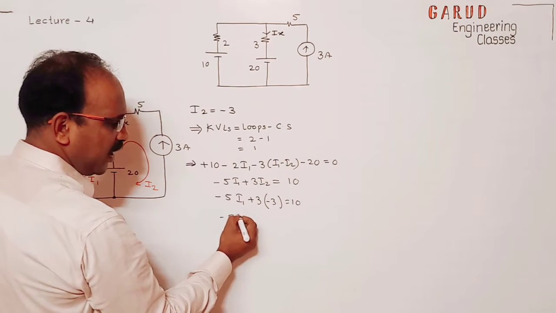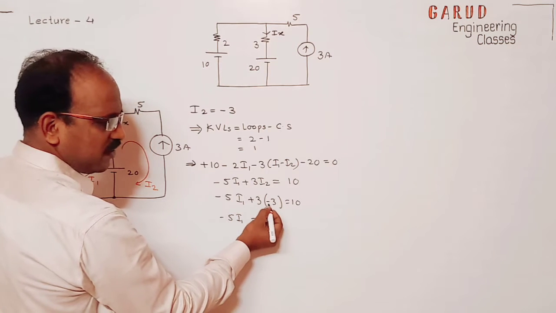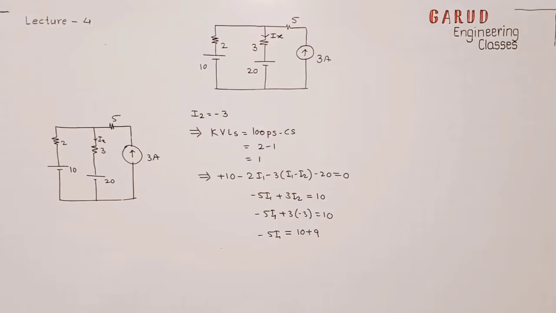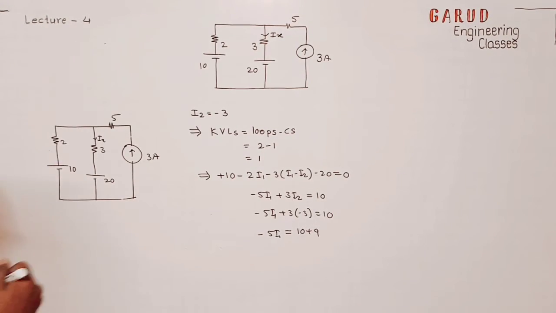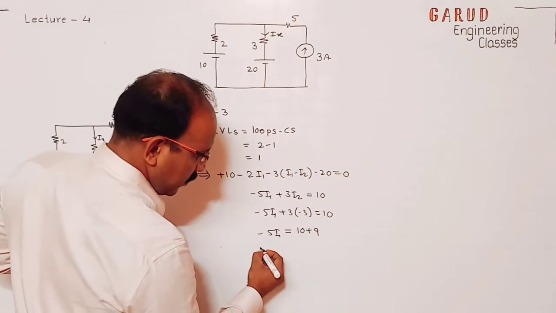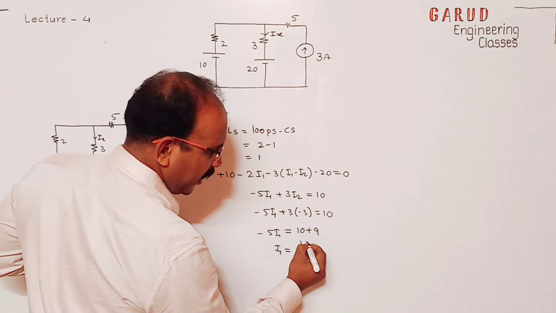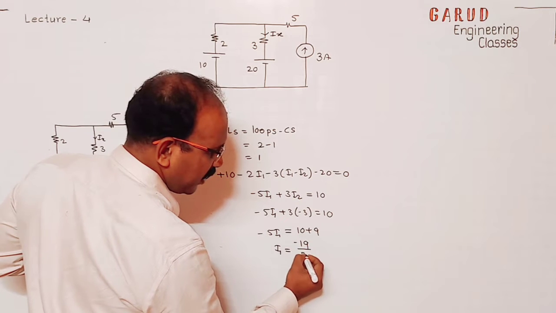So minus 5 I1 equals 10 plus 9, that is 19. So I1 equals minus 19 by 5.